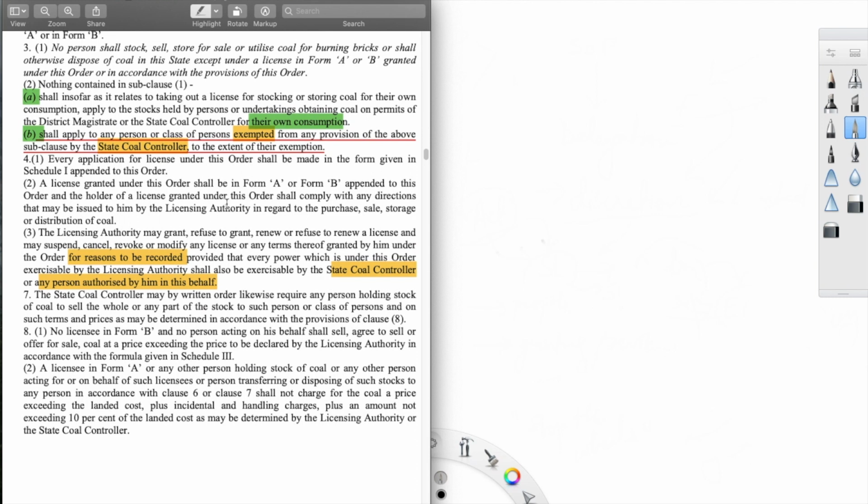So, mainly the state controller has the power to exempt people from the application of this particular order. Secondly, the state coal controller also has the power to suspend, cancel, and revoke licenses with the requirement of recording the reasons only, and such power can also be delegated to anyone by the state coal controller.